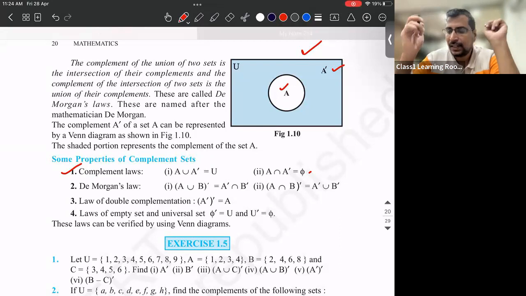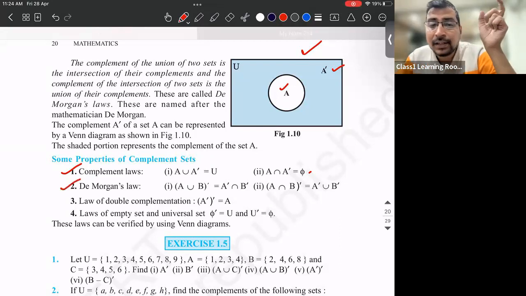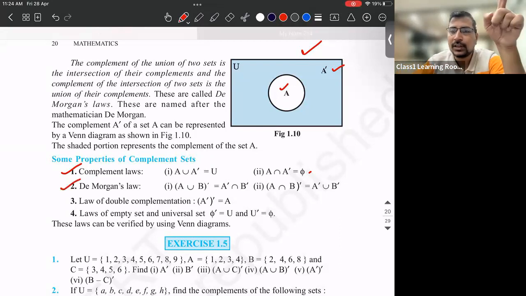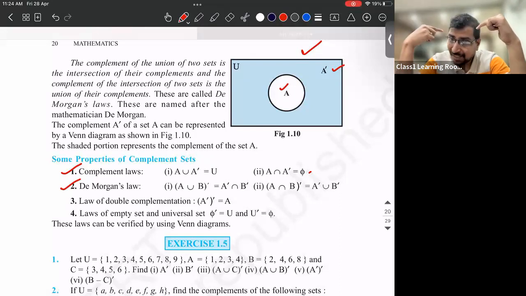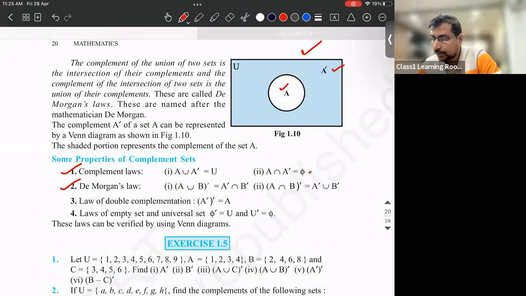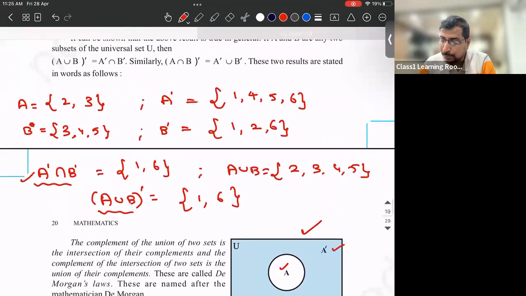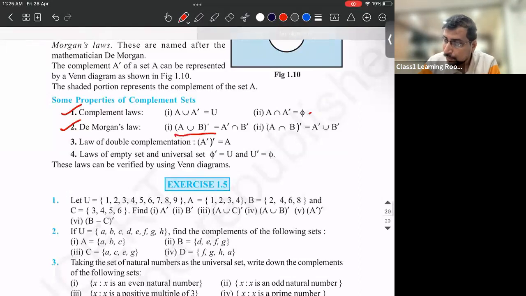Secondly, we have De Morgan's laws. De Morgan's law states: A union B, the whole complement, is equal to A complement intersection B complement. That is what we proved in the example. The reverse is also applicable.